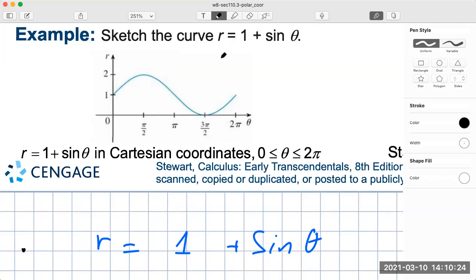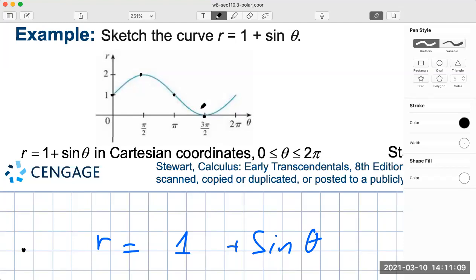This is how this function is represented in Cartesian coordinates. At 0, it is 1, right? Imagine in Cartesian, the x coordinate is the angle theta. This is r. At theta equal to pi over 2, it rises up to this point, 2, right? At pi, it decreases to this point, and at 3 pi over 2, it would be this point, and this point.